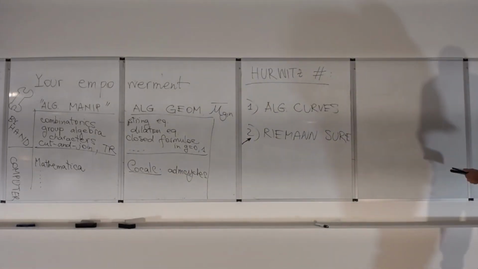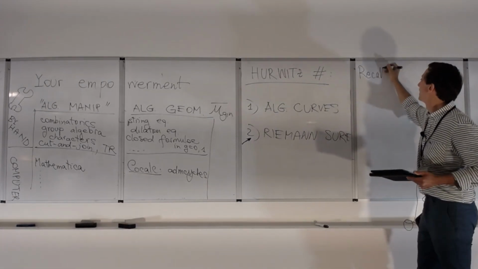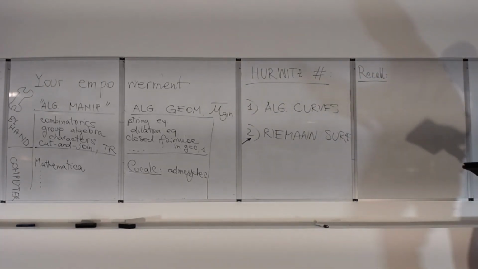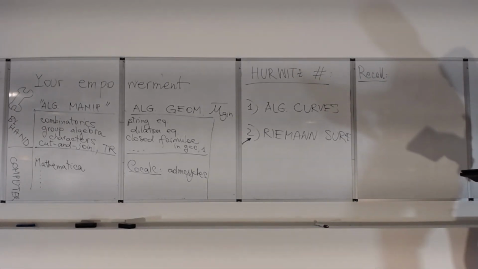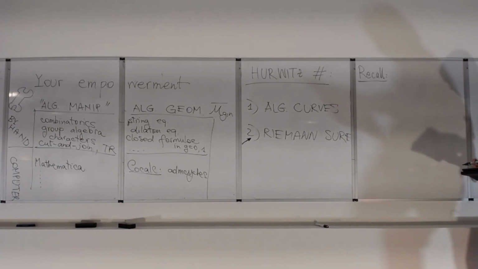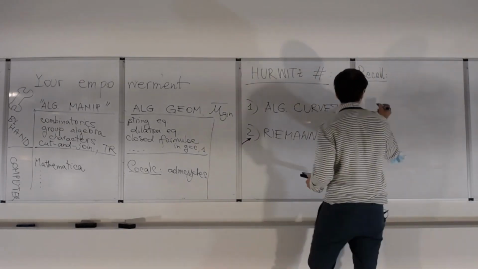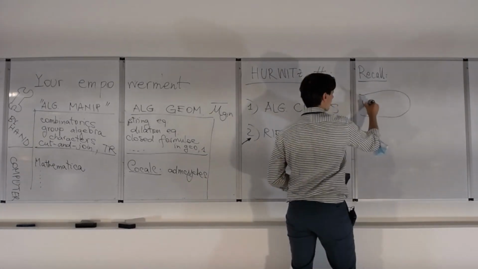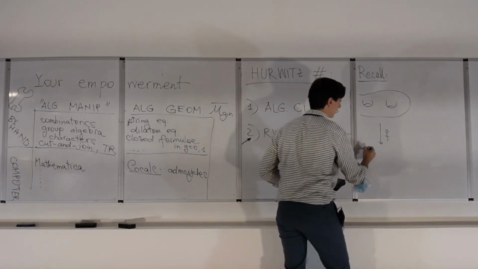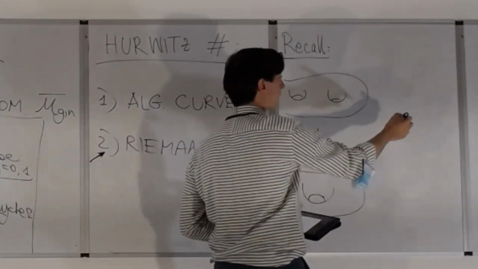Let me recall some very basic facts that will bore you. The picture is the following. You have a Riemann surface, and then you want to study a map to another Riemann surface. Here you have your atlas with your charts.